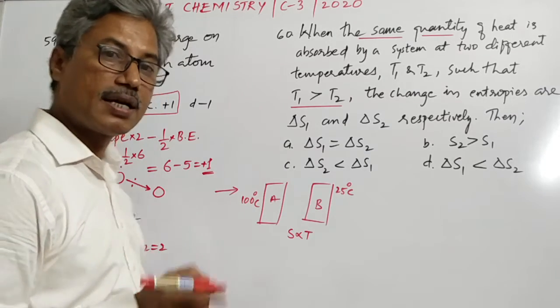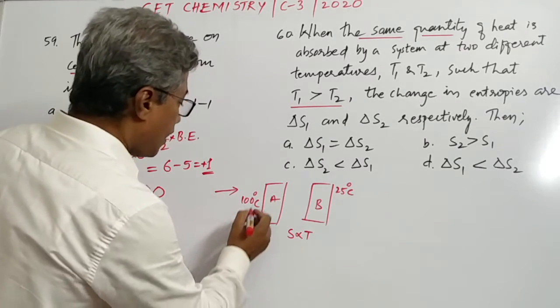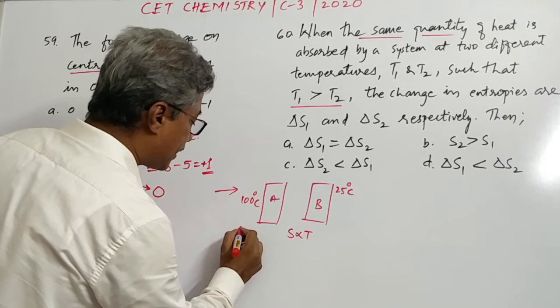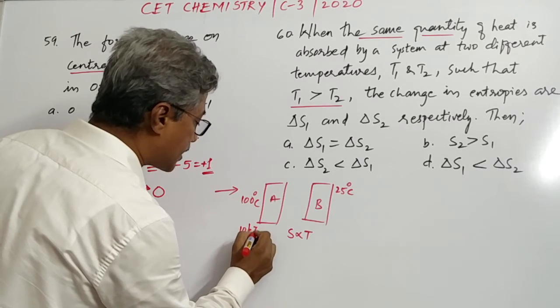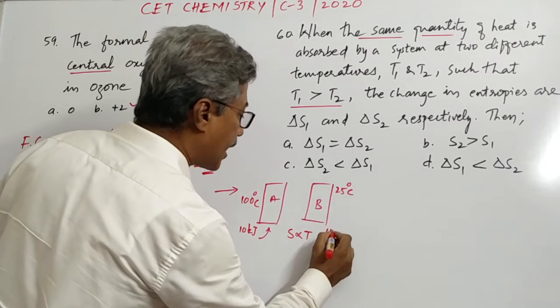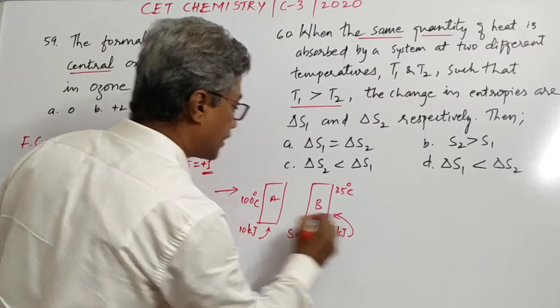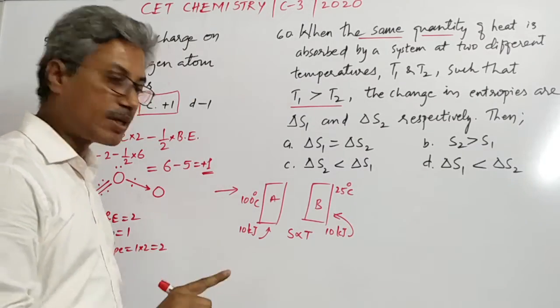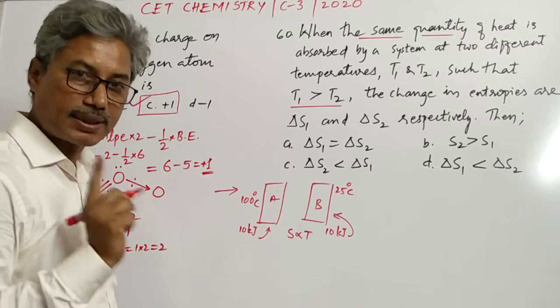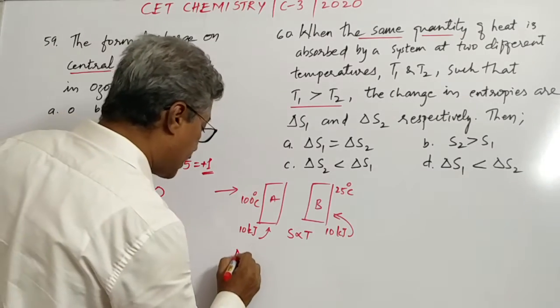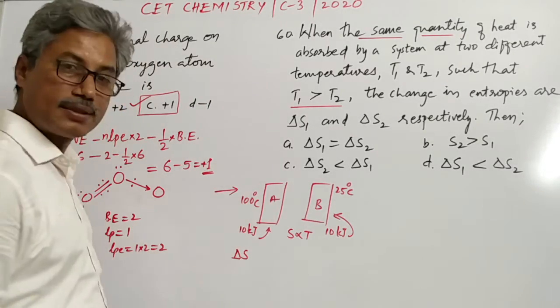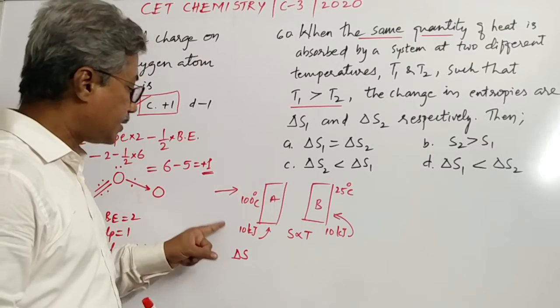Is it clear, students? Now look at this. We are supplying, say, 10 kilojoule energy for this and 10 kilojoule energy for this. That means we are supplying the same amount of energy to both systems. Now, delta S of this particular system A, the change in entropy.